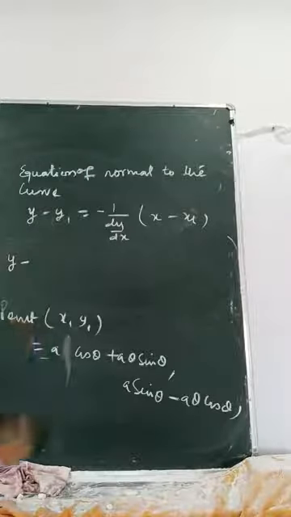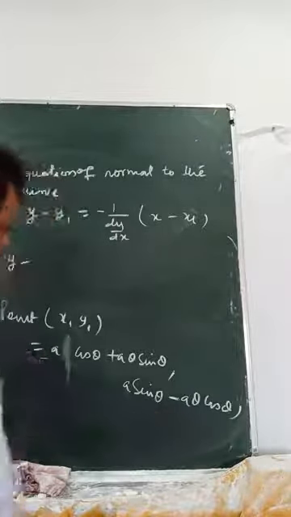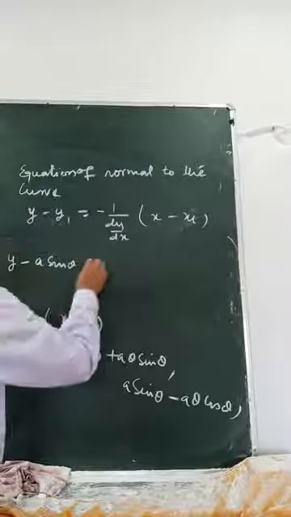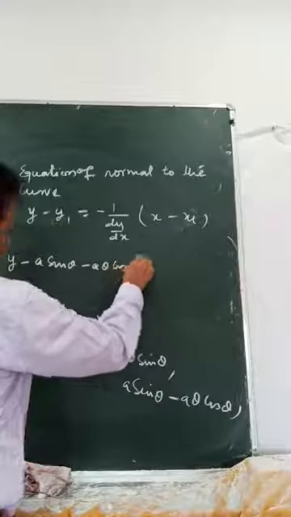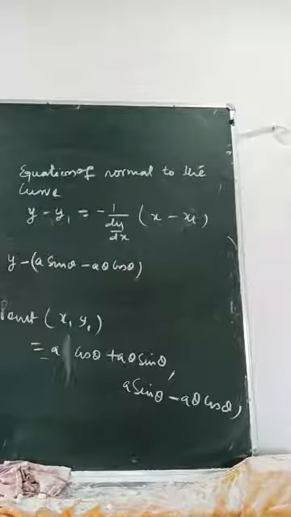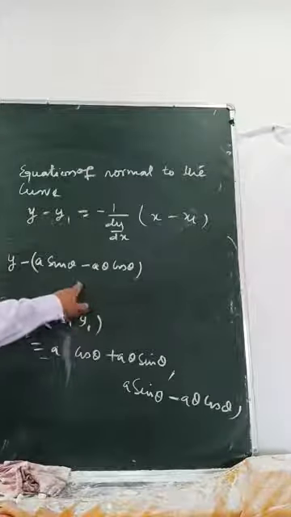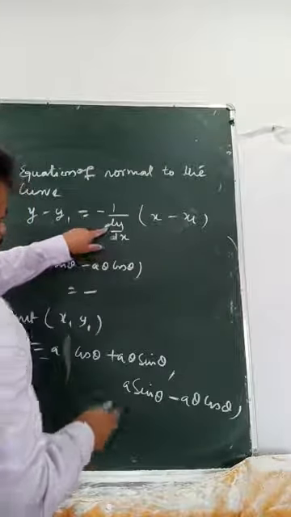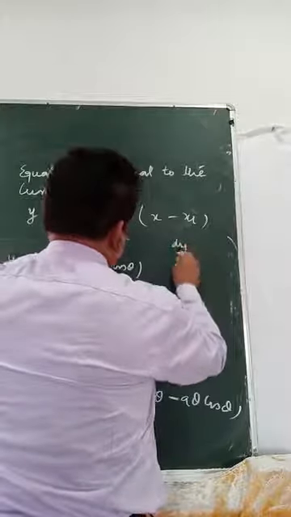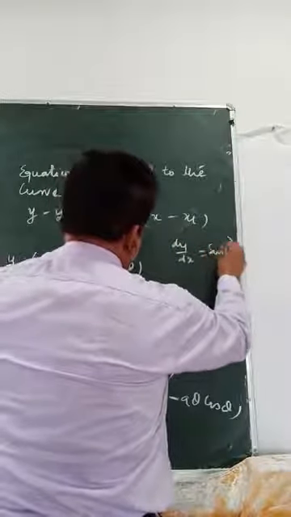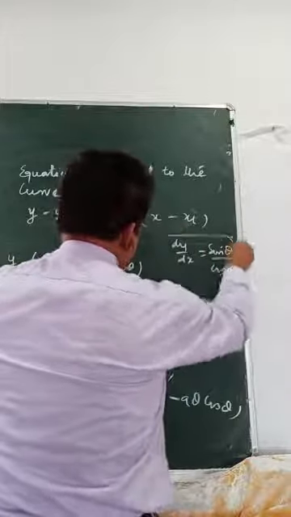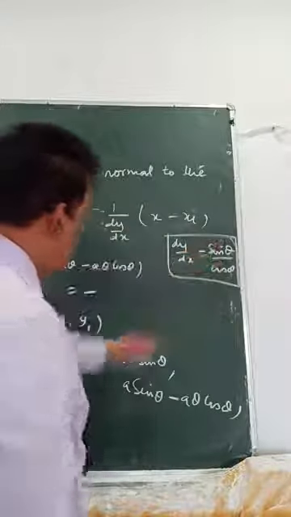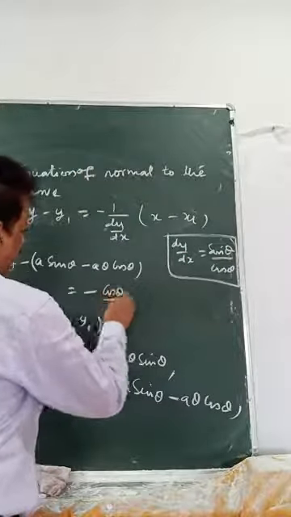Y minus y1, where y1 is a sin theta minus a theta cos theta, equals minus 1 over dy by dx. Look here, what is dy by dx? It is sin theta by cos theta. So reciprocal means this will go up: cos theta by sin theta.